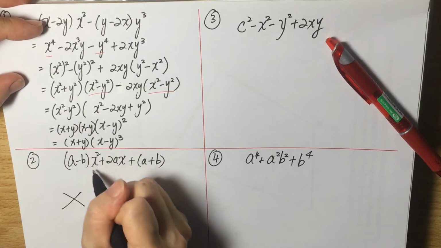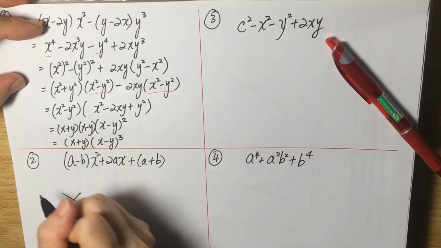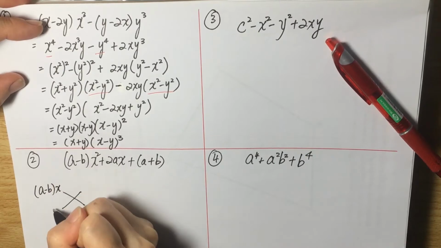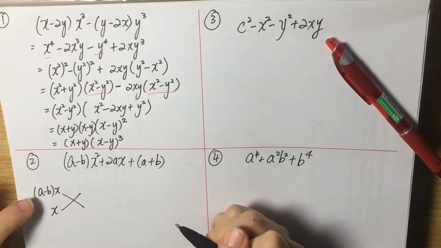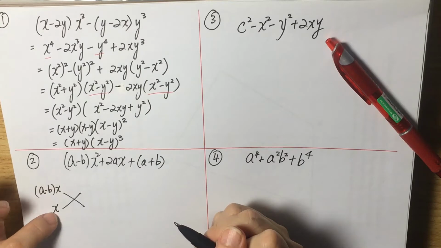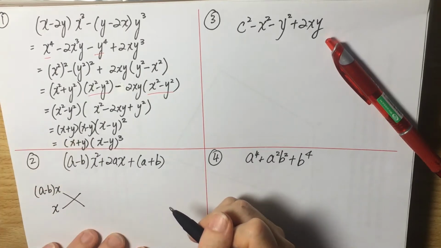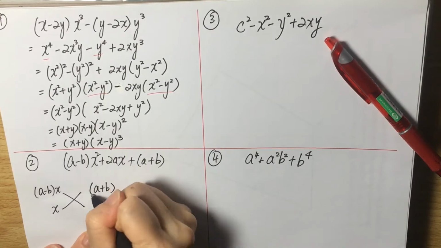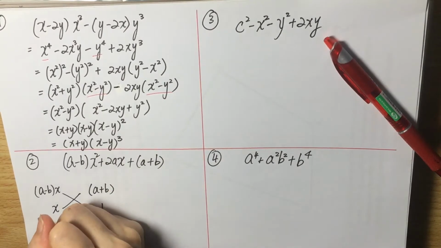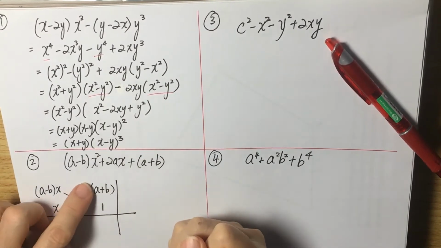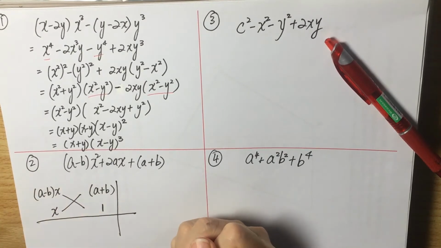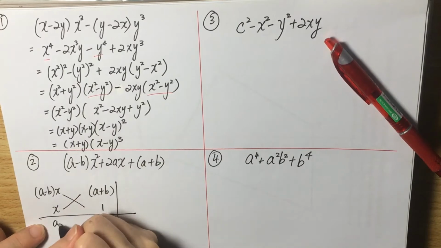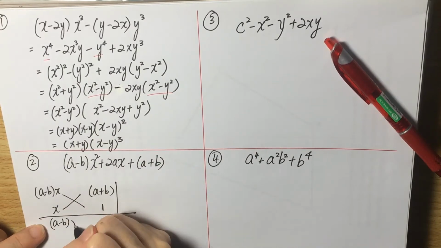Okay, to put this into product, can I say I use a minus b x multiplied by x so that I'll get a minus b x squared, which is this one. Then here, can I put it to be a plus b and then a 1, so that when I multiply a plus b times 1, that would be a plus b, which is the last term. This one is the first term.